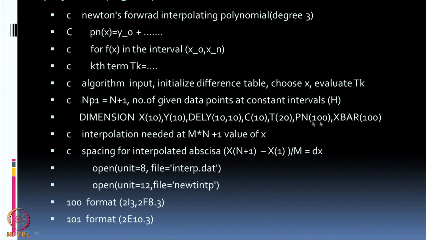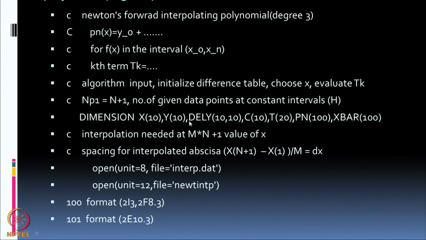So, it is always good to declare dimensions which are much larger. So, x is of dimension 10, that means the variable x can take 10 values. Y also is 10, because if there are 10 values of x, there will be 10 values of y.